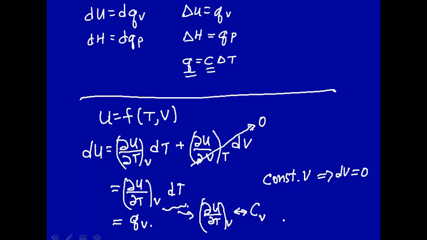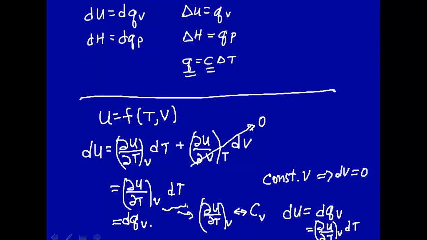All right, so if that's the case, then dU is, this should be a d, we're looking at differential form here, dU is dQV, and that's how internal energy changes with temperature at constant volume times dT.